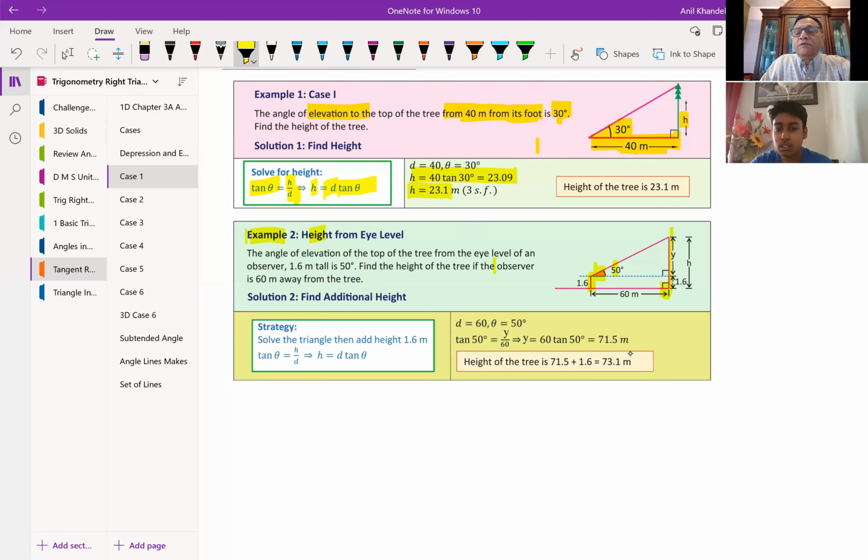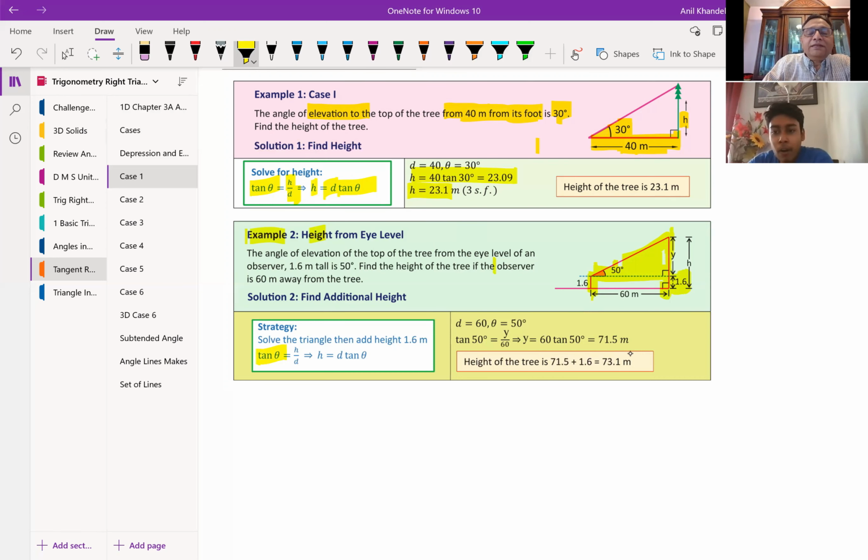So we will have to solve a small triangle on the top, correct? To get the height from the eye level to the top of the tree using the tan ratio, right? And then to that, we will add 1.6 because that is the height of the observer, correct? Yes, sir. That is how it is slightly different, and that is how the question is framed.